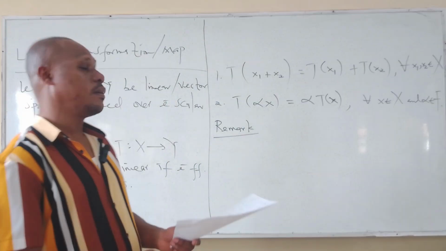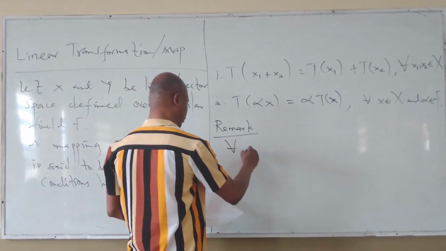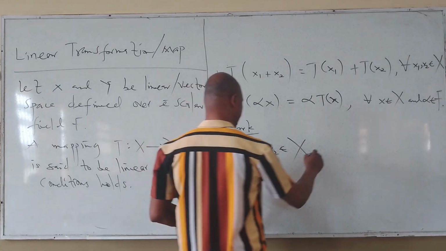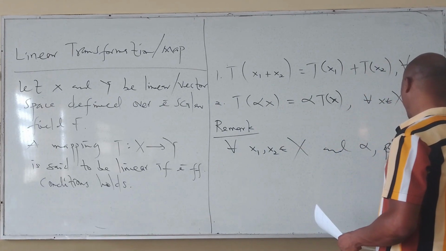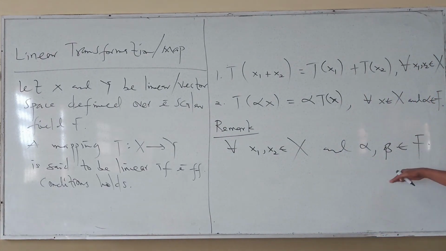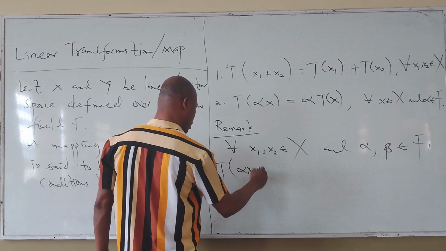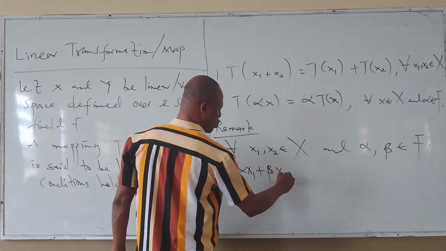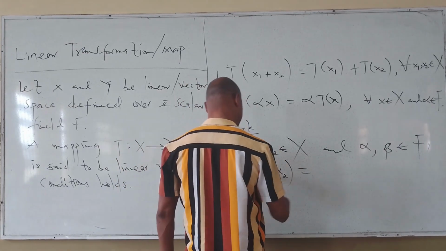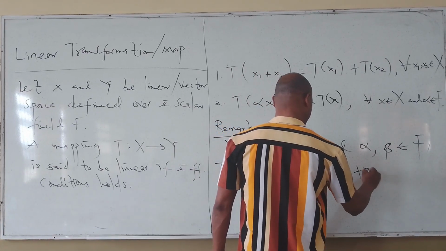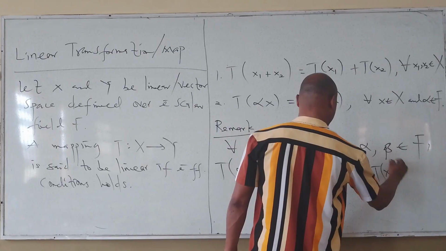That is, for every x1, x2 a member of capital X, and alpha, beta scalars, T of alpha x1 plus beta x2 equals alpha T x1 plus beta T x2.